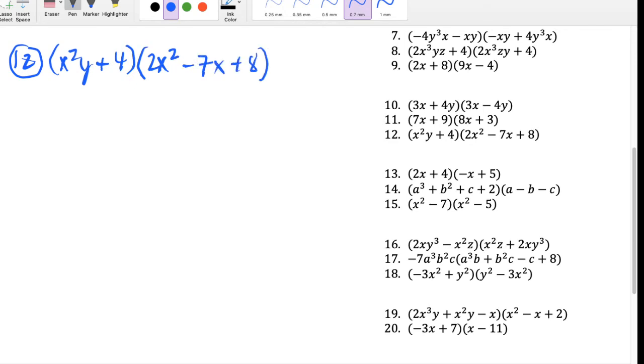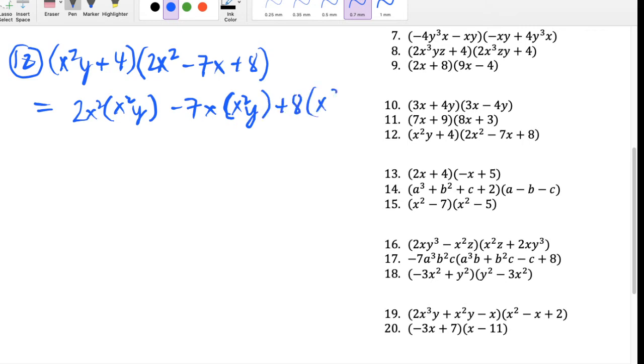Okay? So, ito muna, i-multiply natin sa lahat ng terms dito. So, that's equal to 2x squared times x squared y minus 7x times x squared y plus 8 times x squared y.